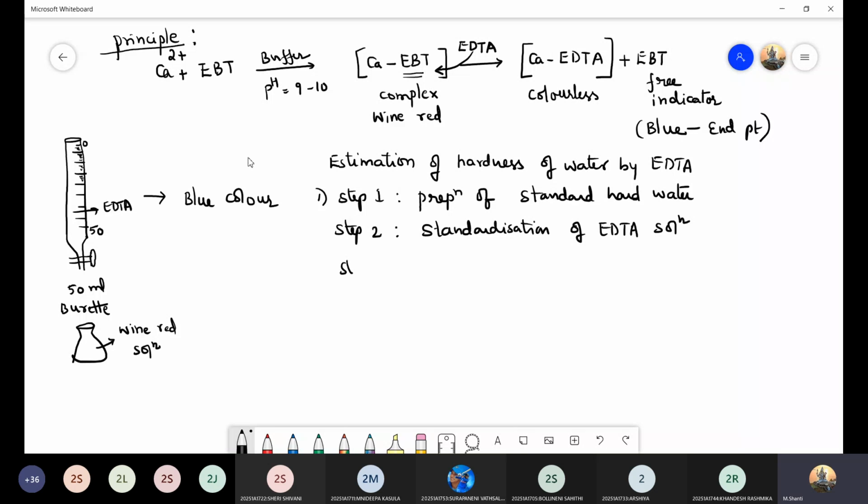Then third step is estimation of total hardness. And step 4 is estimation of permanent hardness.